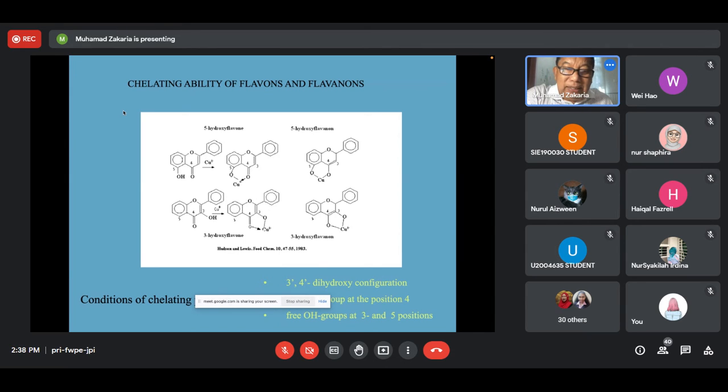If there is too much metallic substance in the body, it is not good either. So the function of flavonoids such as hydroxyflavone, and hydroxyflavanone, is that they cause chelation.